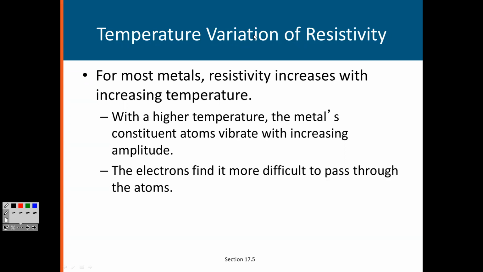So then the electrons, which are the mobile charge carriers in a metallic conductor, find it difficult to pass through the atoms, resulting in a higher resistivity. So resistivity is a measure of how easily or how difficult it is for a charge to flow through the material.